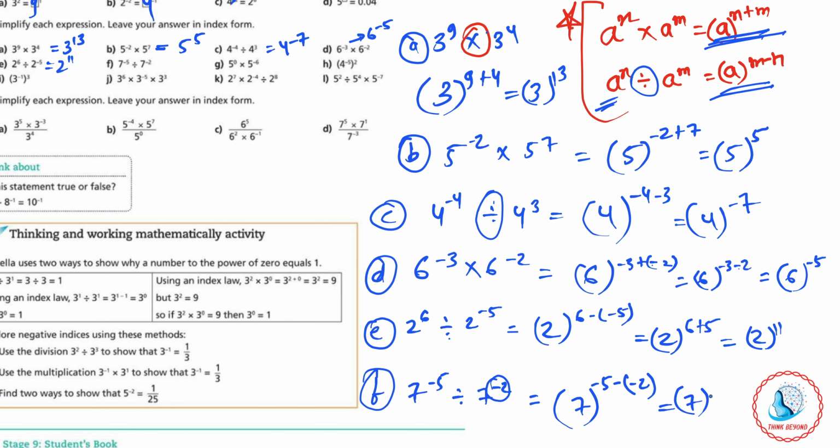Now minus 5, minus minus is plus 2, so plus minus is minus, and here will be 3 because we are writing the sign of the bigger number. Bigger number is 5. So our answer is 7 raised to power minus 3. Let me erase all these.